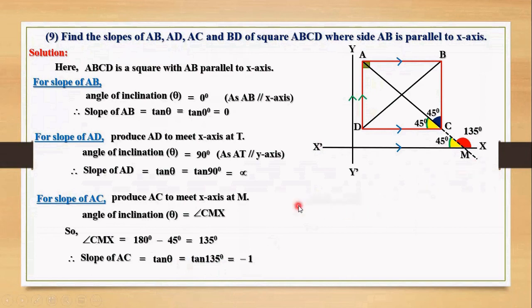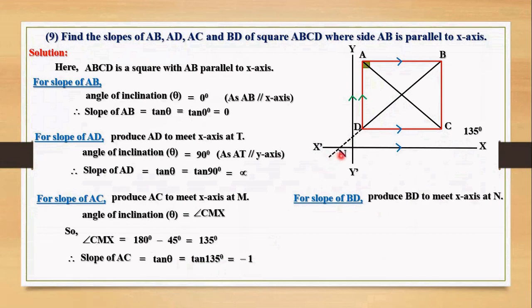Moving on to the other diagonal, the slope of BD. This line is also not intersecting with the x-axis, so produce it to meet the x-axis at N. Here, the angle of inclination of line BD is angle DNX, this one. Here also we use the property of the diagonal of a square that it bisects the angle at the vertex.